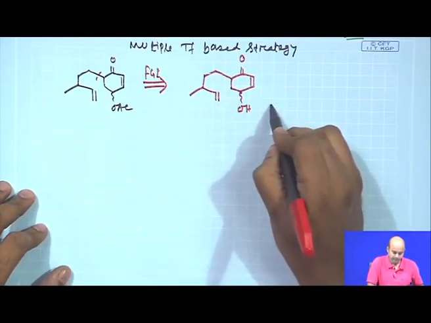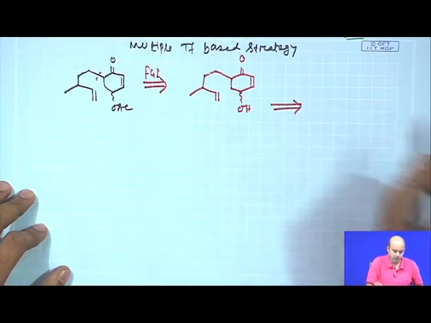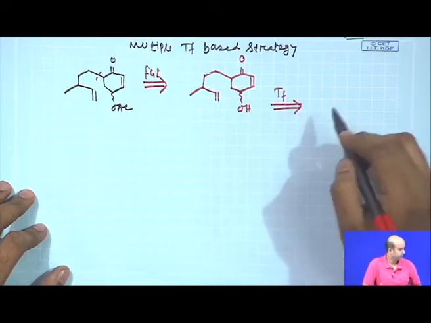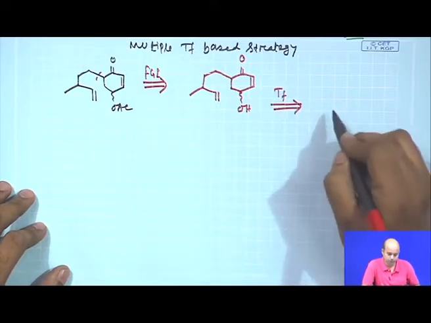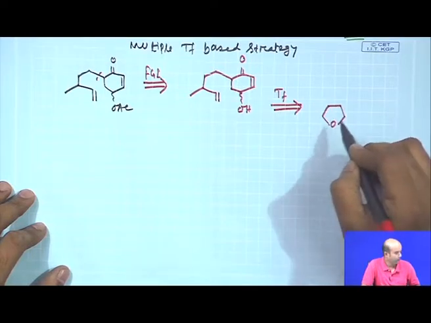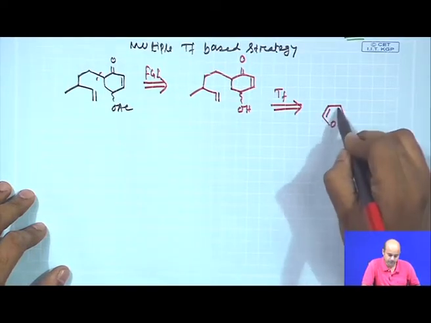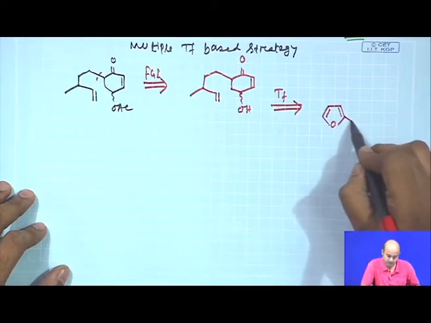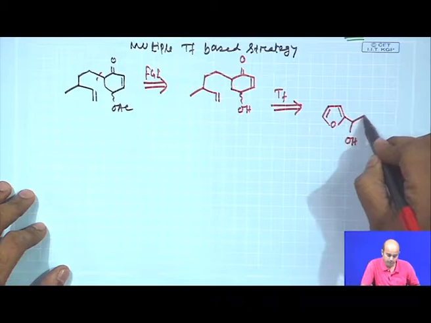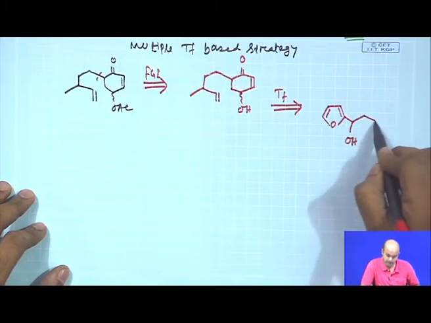Now, the next transformation which I will be drawing is a very unique transformation. We first draw the retro and then we explain what this transformation is. This is the main transformation we will be discussing in today's lecture.